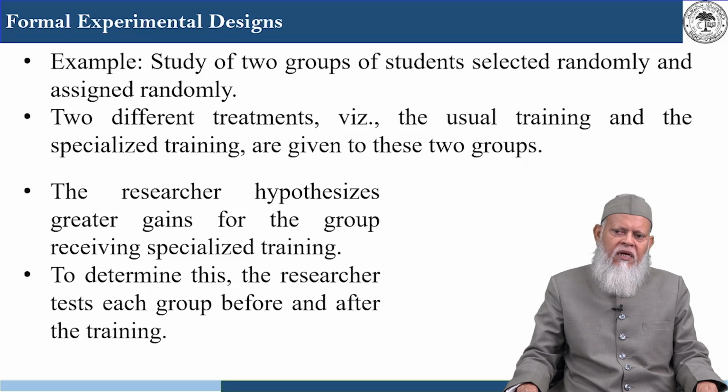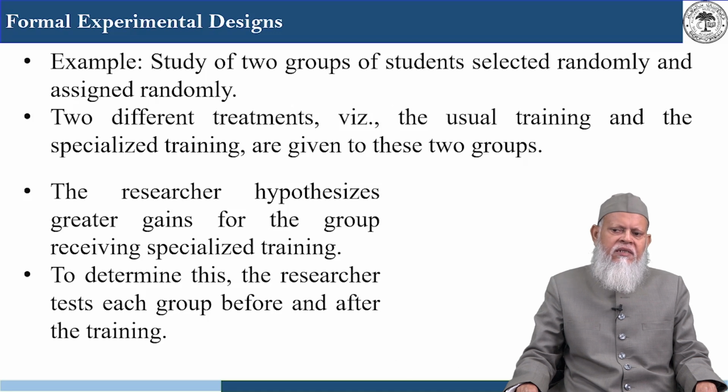And this allotment of sample elements, or members of the sample who are patients now, or items, is done on a purely random basis, in which any of the members or elements of the sample can have an equal opportunity to be assigned to either of the two groups.